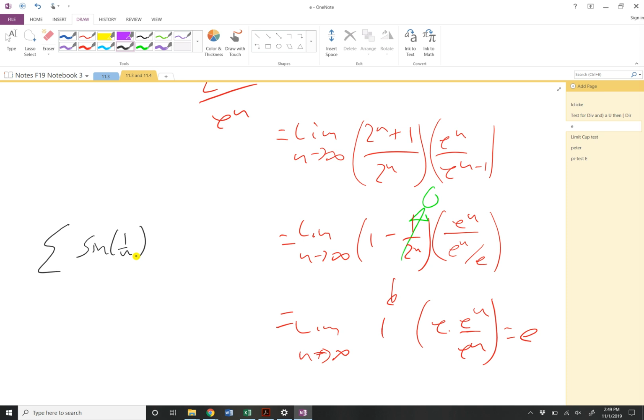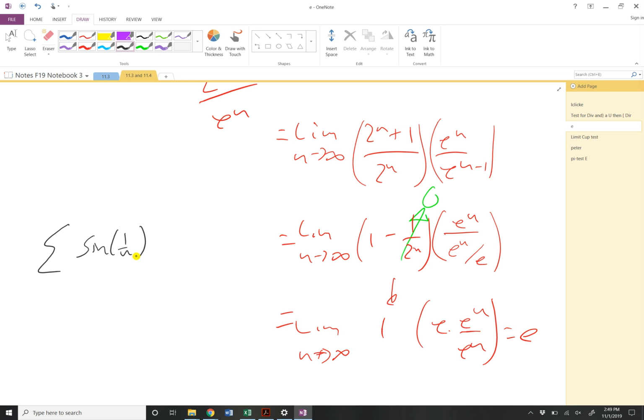Would you take the integral if it was sine of n, or sine of x? But sine of 1 over n? I don't know if we can actually integrate that, because here we know the antiderivative is sine of x, but sine of 1 over x.